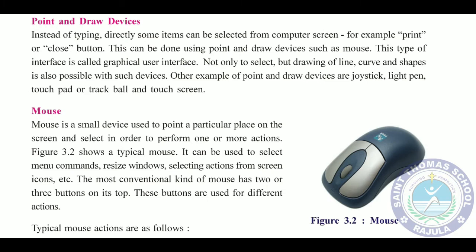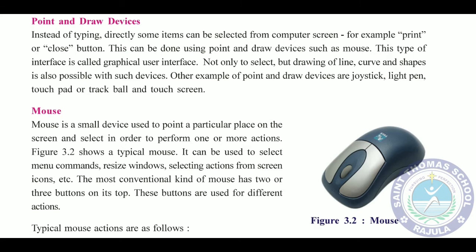This type of selection with the help of point and draw devices is possible only on a graphical user interface, a GUI. In the GUI, all things are visible in the form of icons and menus. Through the point and draw device, you can easily point to a particular location.